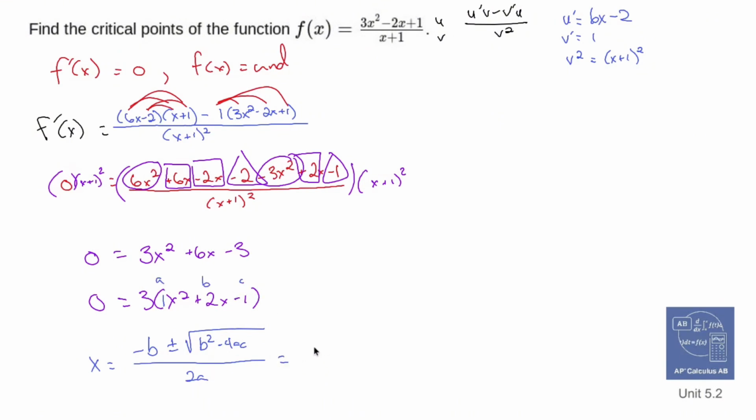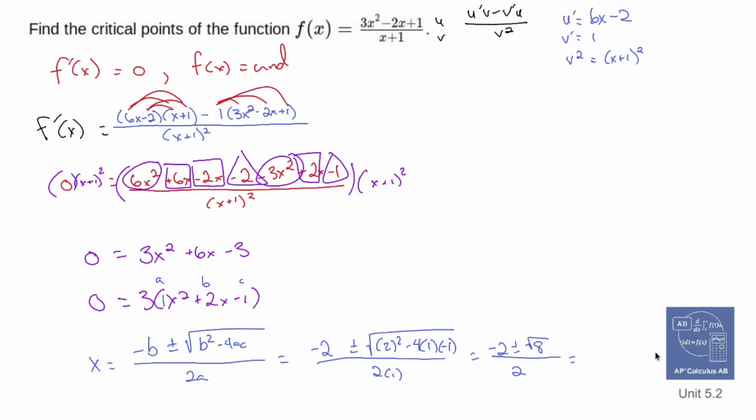So putting all that together, you get negative 2 plus or minus the square root of b squared, which is going to be 2 squared, minus 4 times 1 times negative 1, all over 2 times 1. And so we got negative 2 plus or minus the square root of 4 plus 4, so the square root of 8, all over 2.